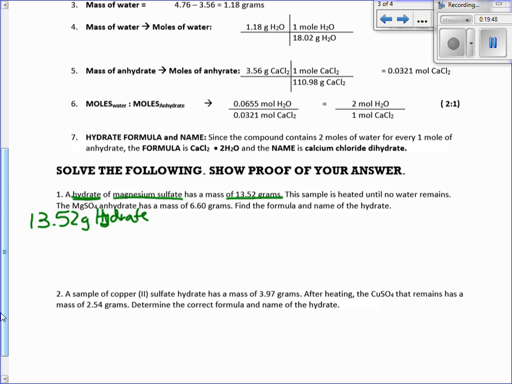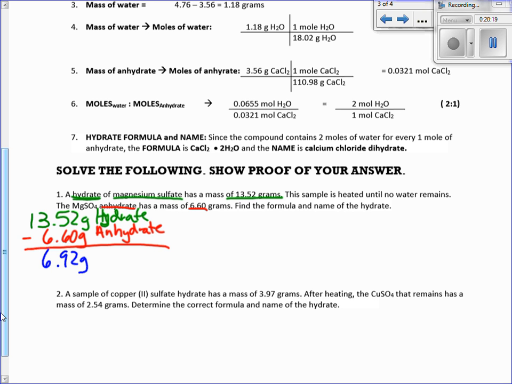Now the sample is heated until no water remains. The anhydrate mass is 6.60 grams. So if I put the 6.60 grams here and subtract that, which is the anhydrate, I do that subtraction and I get 6.92 grams, and guess what that is?